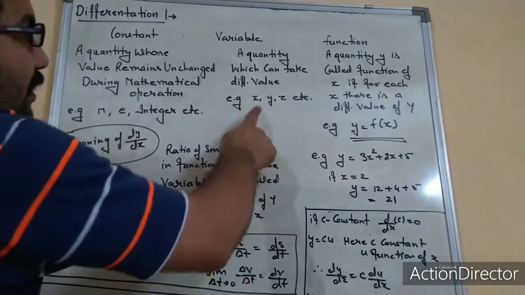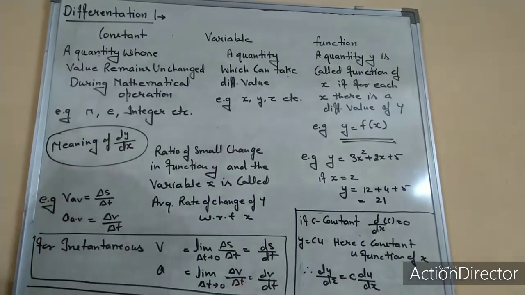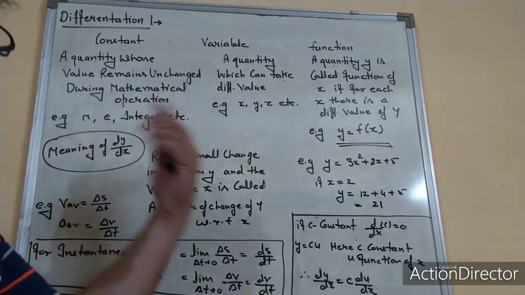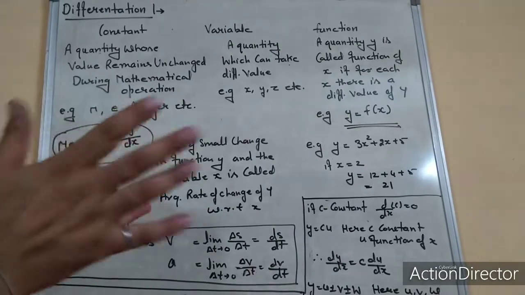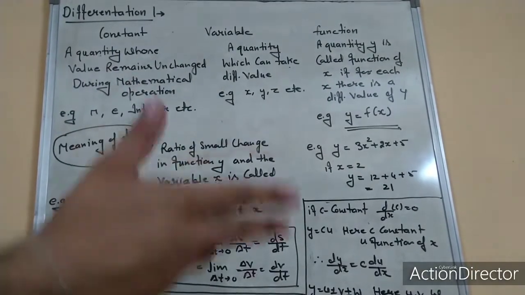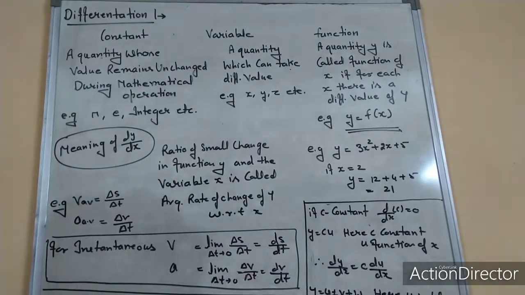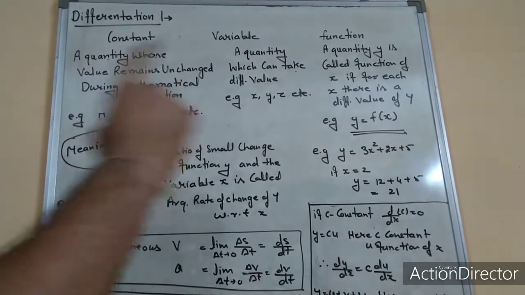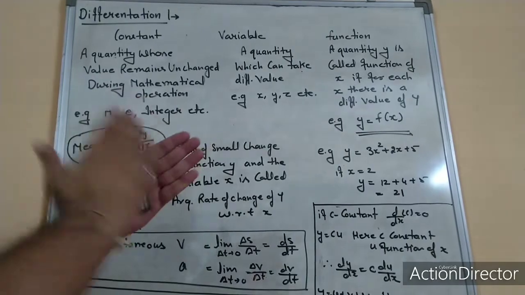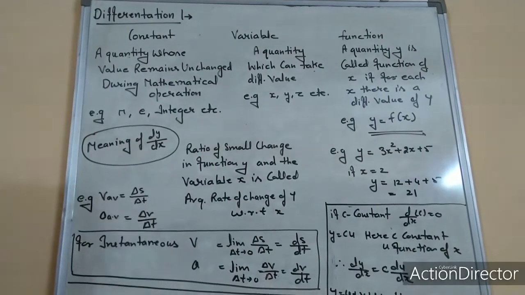For example, suppose we have a value x and we ask students, please provide the value of x. Then lots of students in the class will provide different values for x. It is clear that x is not a particular quantity that holds only a single value; it holds different values according to students' demand.